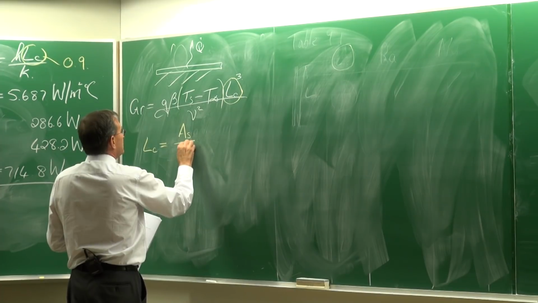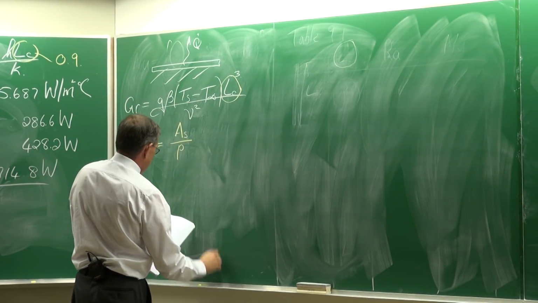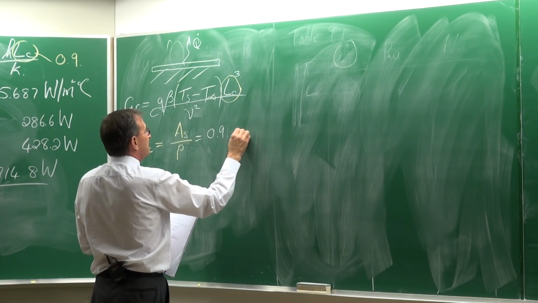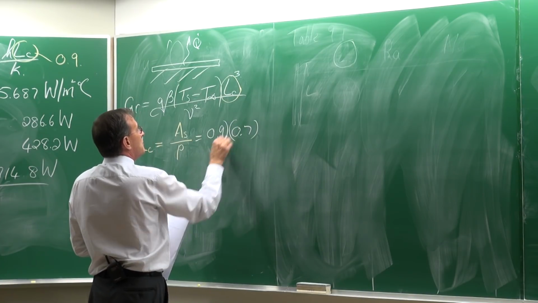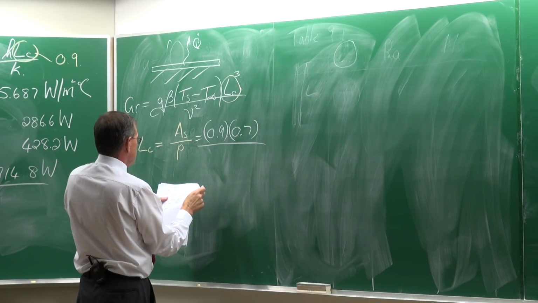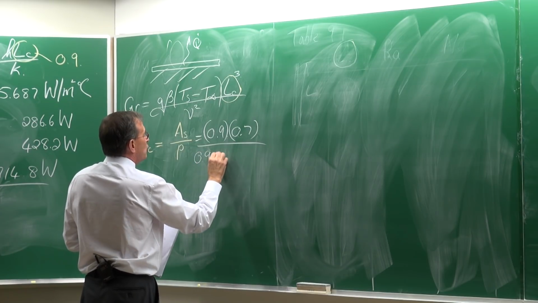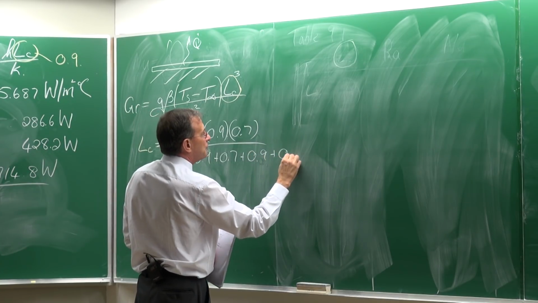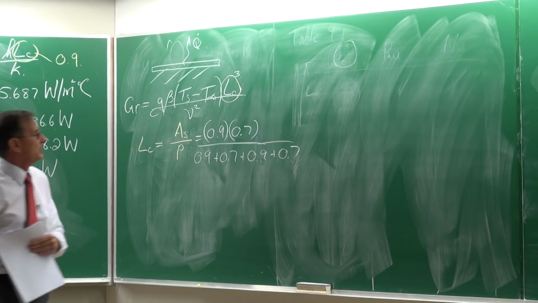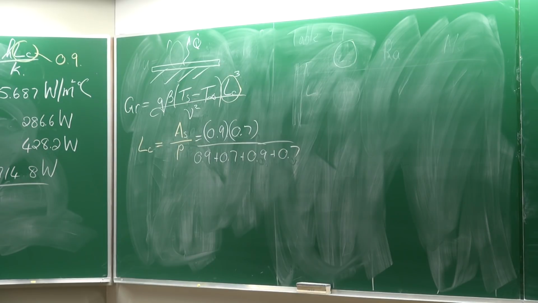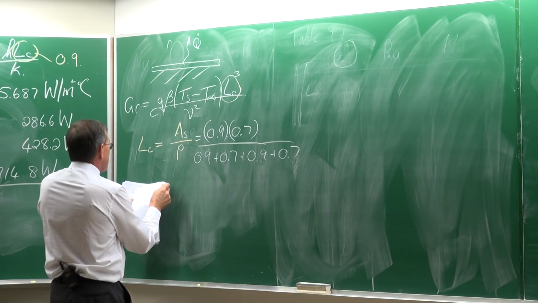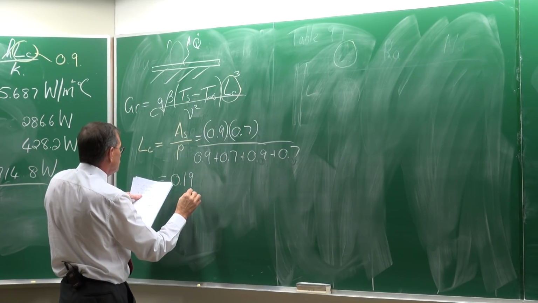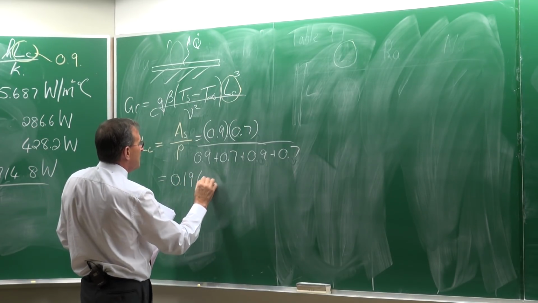The surface area is equal to 0.9 multiplied by 0.7. And the perimeter is 0.9 plus 0.7 plus 0.9 plus 0.7, 2 times 0.9 plus 2 times 0.7. And then the characteristic length is now much smaller. It is equal to 0.1969 meters.